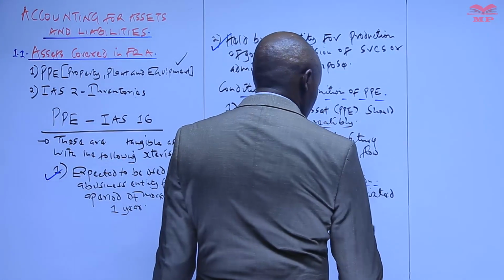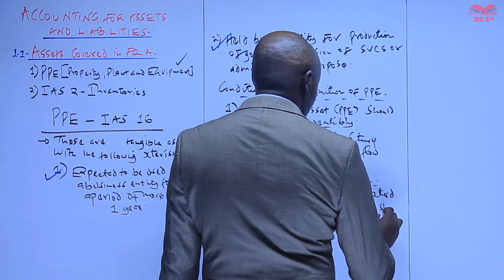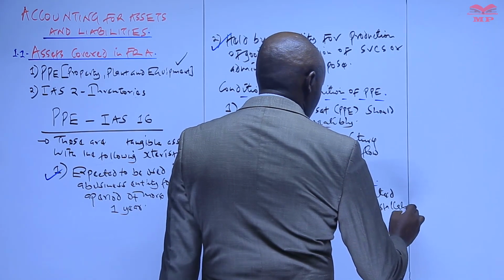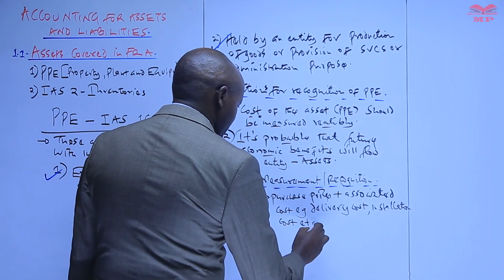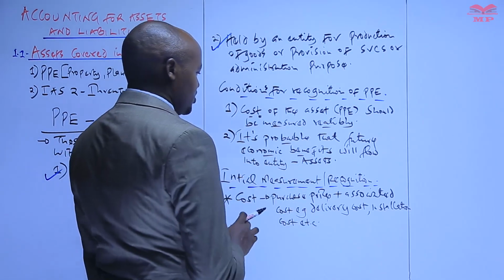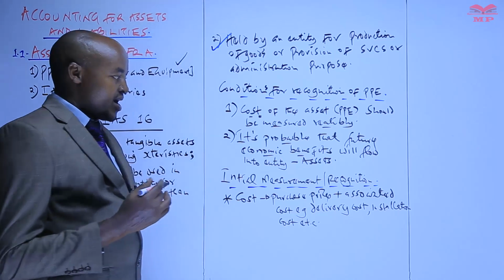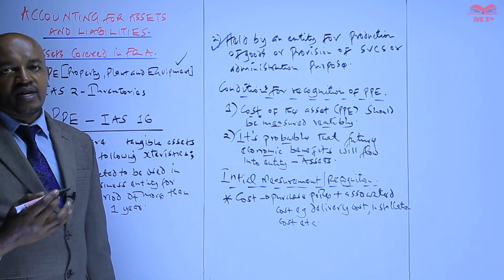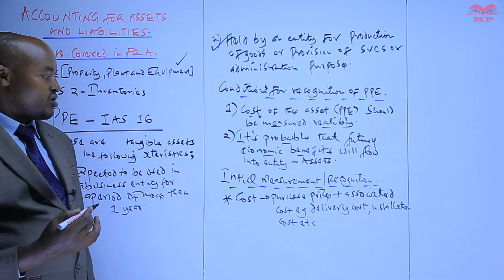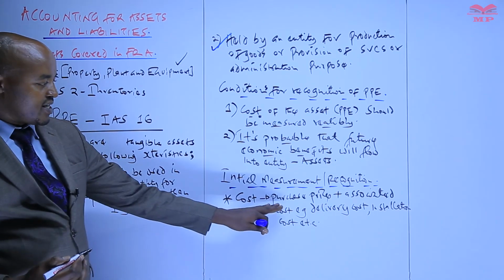This will also include things like the installation cost, etc. So therefore, all those particular costs which are associated with acquiring an asset and also bringing the asset to its present location, all of them should be added to the purchase what?